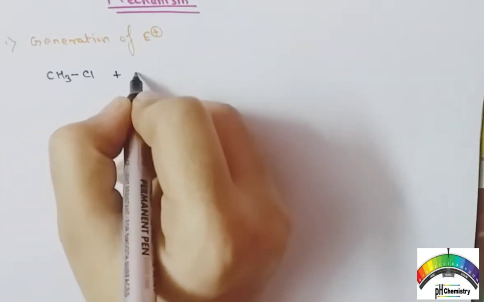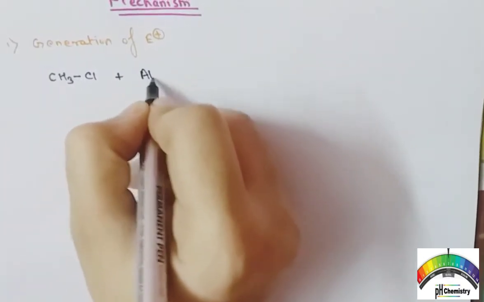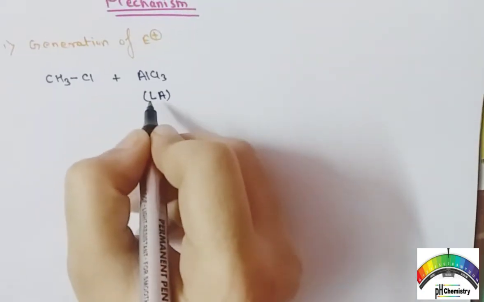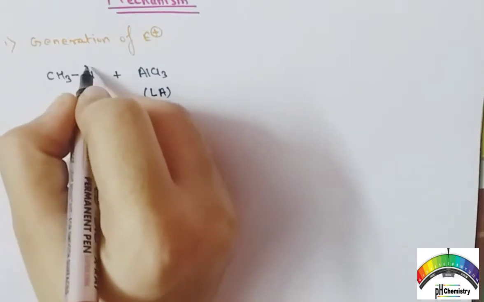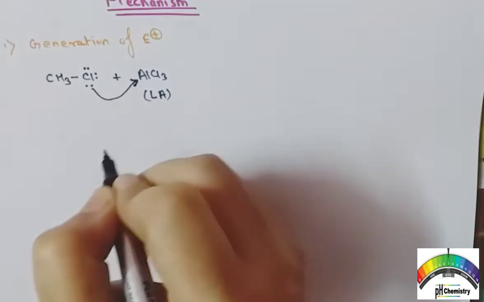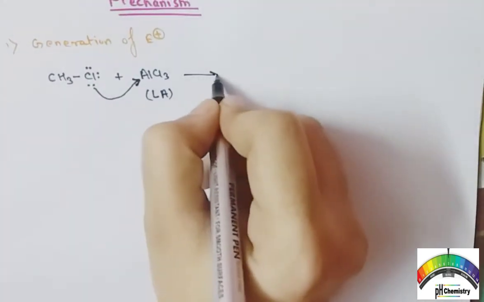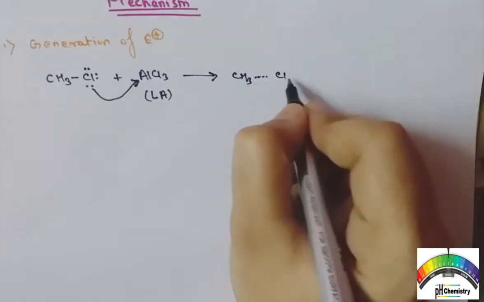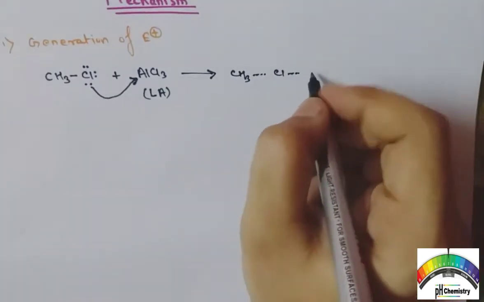When this methyl chloride reacts with anhydrous AlCl3, as I told you, AlCl3 is a Lewis acid. It is electron deficient, and this chlorine contains 3 lone pairs of electrons. This chlorine will give its electrons to this aluminium, and this species is formed. This is the intermediate. This is a really fast reaction.